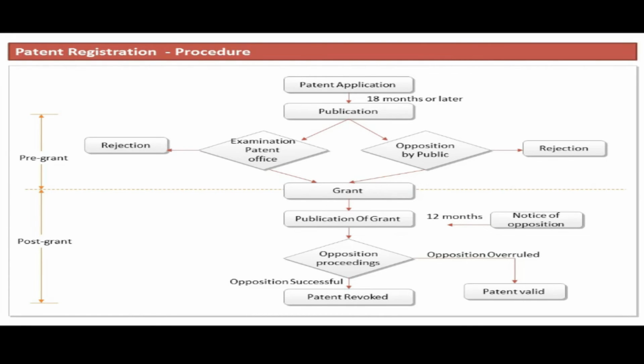Patent application along with patent specification. Patent specification, the most important document, is being published in something known as the patent journal. It is as good as the publication of the official gazette, and which is available online.